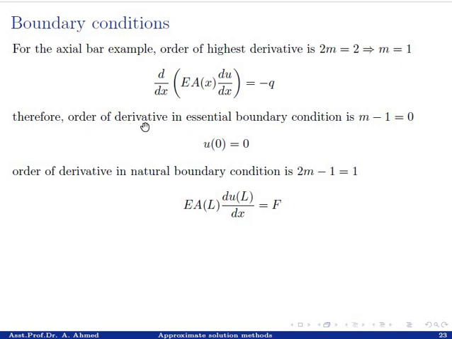Therefore, the order of the highest derivative in the essential boundary condition must be m minus 1, in this case 0, and I can also see that the order of the derivative in this essential boundary condition is 0. And the order of the natural boundary condition should be 2m minus 1, so in this case it is equal to 1, and I can also see from our natural boundary condition that the order of the derivative is 1.